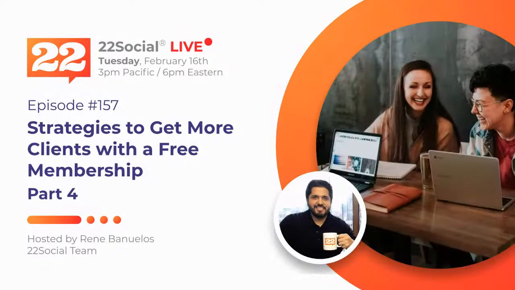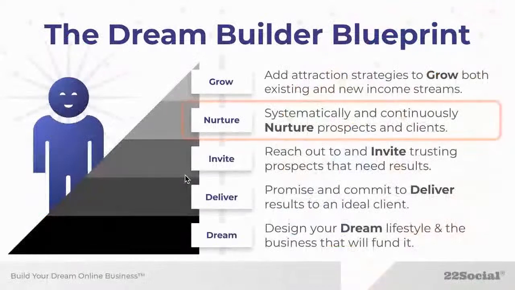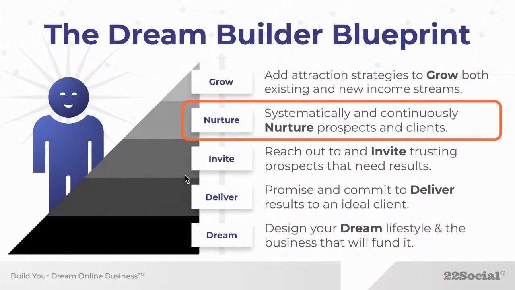But anyway, we're going to go ahead and get started. Today we're continuing the strategies to get more clients with a free membership. We're on part 4 today. If you're a regular here, you know about our Dream Builder blueprint, the 5 steps that we recommend people follow, especially if they're new online.